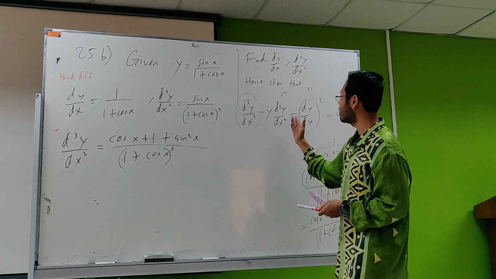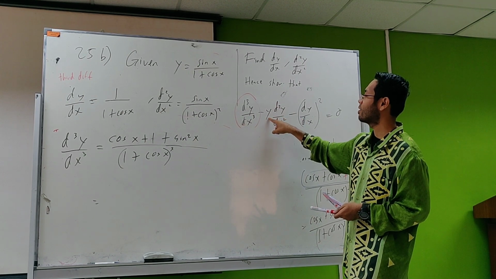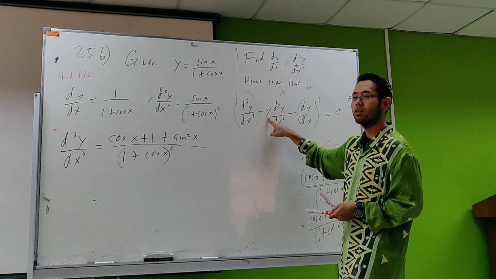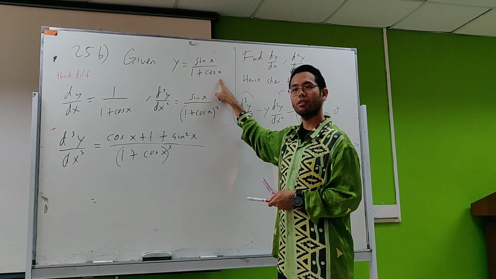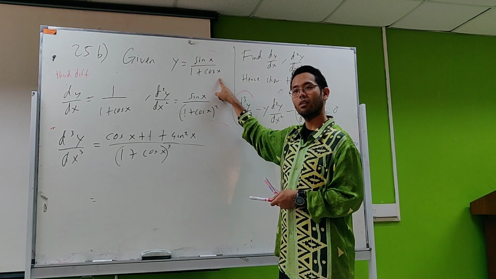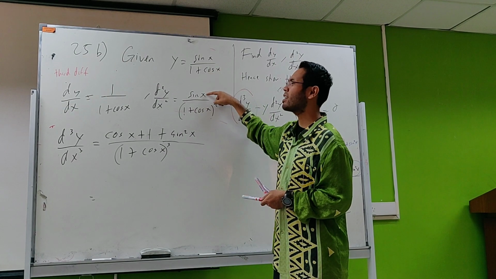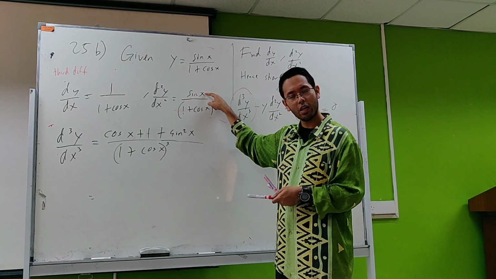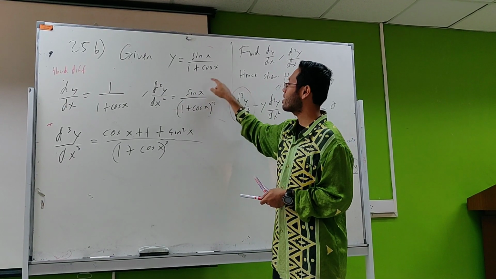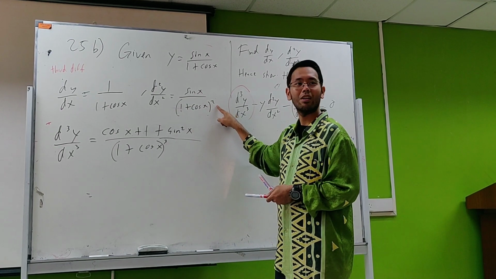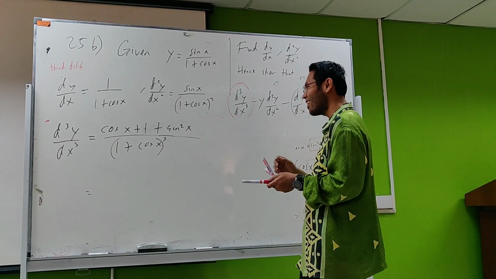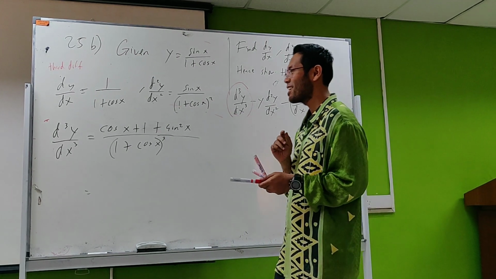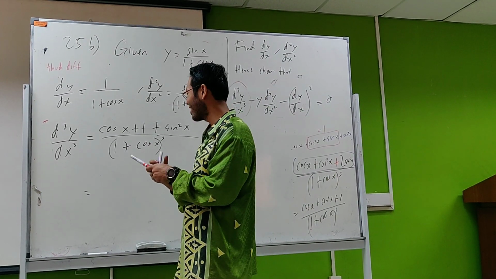And I look at the thing in front of d squared y dx squared is y. I got sine x (1 plus cos x). And then sine times sine squared, (1 plus cos x) times (1 plus cos x) squared, (1 plus cos x) cubed. Yeah, that means we can do something with it.